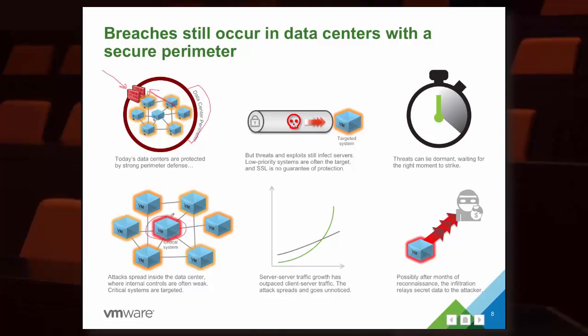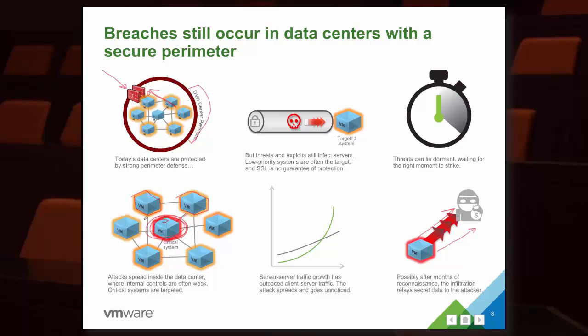We could have a critical system within the data center that becomes infected, and it will infect other systems within the data center because it's not being monitored or managed by this perimeter protection. And we also have threats that might be lying dormant. You could have an attacker leveraging reconnaissance for months and then relaying secret and important data back to the attacker, all because this one system was sitting unprotected inside of a data center.